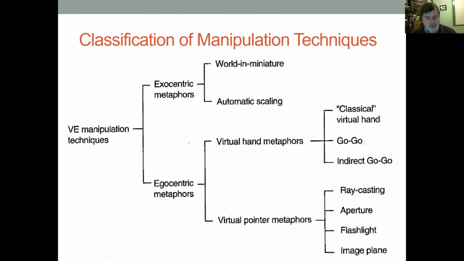We want to physically move. Once again, we have a lot of choices to make. We have exocentric metaphors, which means out of body, a kind of third-person perspective, and egocentric, a first-person perspective. We'll go through some of these, but virtual hands are egocentric, and laser pointers are egocentric.